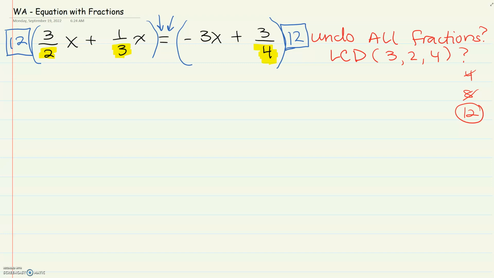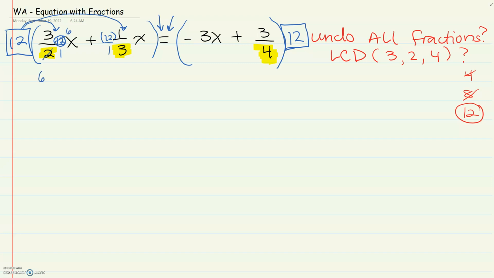That is distributive property. So you have to distribute the 12 into here and the 12 into here as well, right? And so 12 is 12 over 1. So you can see it being cross cancel, or you can just think, okay, well, 12 divided by 2 is 6.